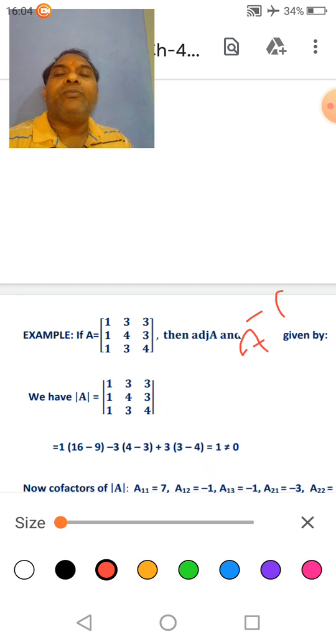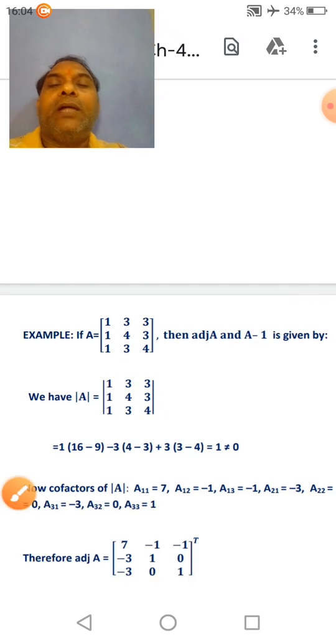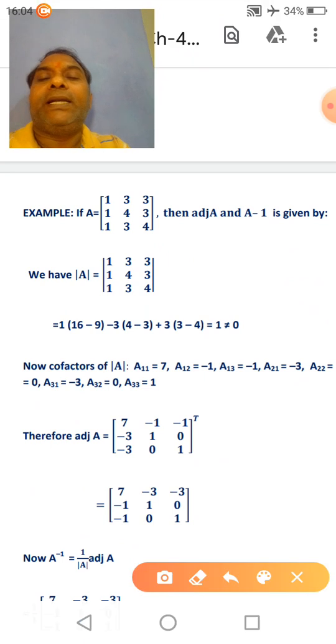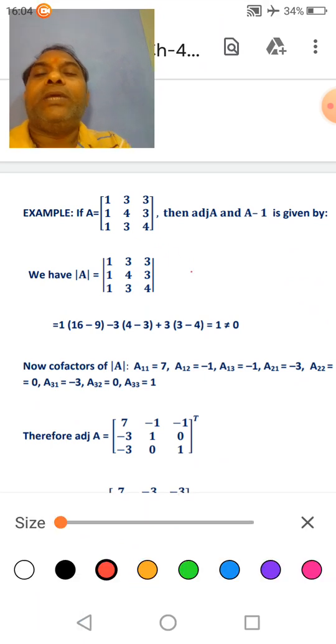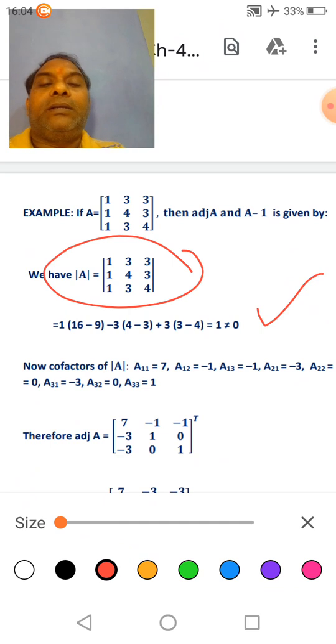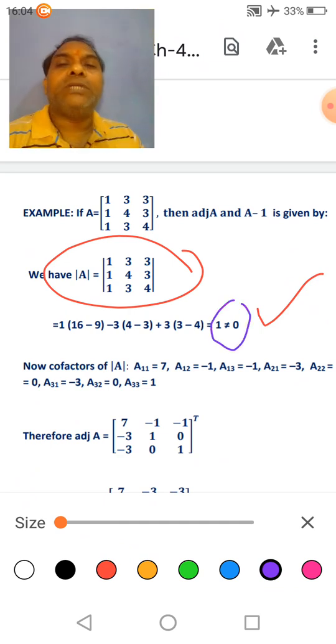Then we have to find adjoint of A and A inverse. Clear? Now firstly find the determinant value of matrix A. Its determinant value will be 1, not equal to 0. It means the determinant value is not equal to 0, so A inverse exists. It means you can find A inverse, or we can say that A is invertible.